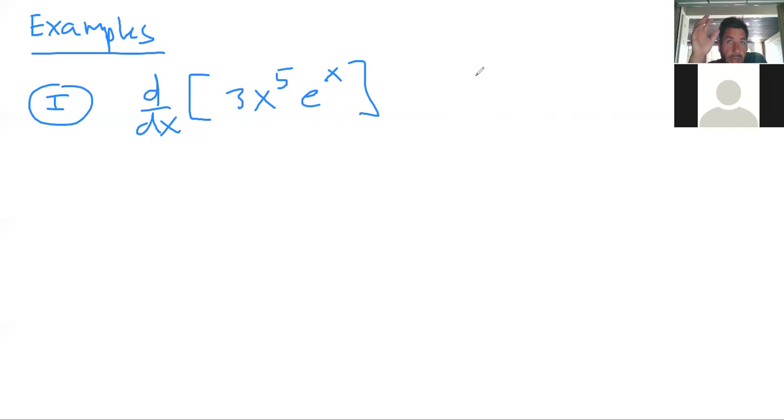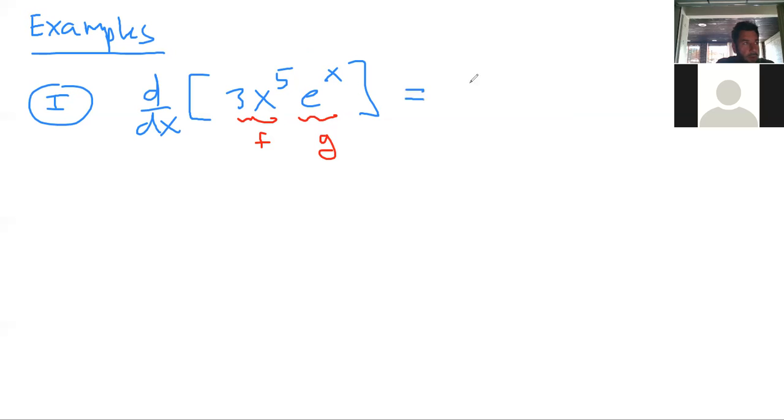Well, there's a power piece in there, but it's not a polynomial because I have an exponential function. And so the way I would think about this is, again, you have two functions. You have a first, or an f, and then you have another function, which we'll call g. And so this tells me that the trick here is to use the product rule.